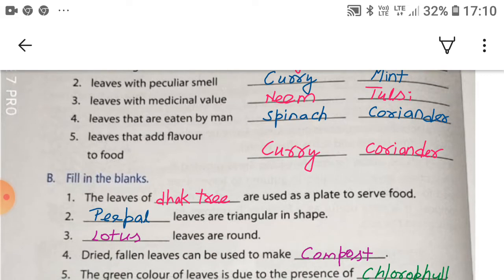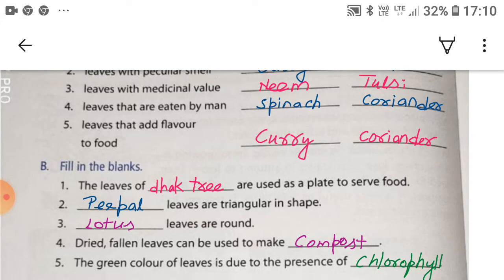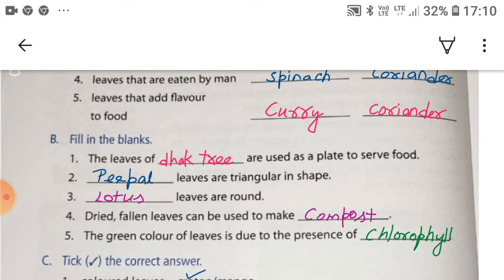Fourth, leaves that are eaten by man are spinach and coriander. Fifth, leaves that add flavor to food are curry and coriander.